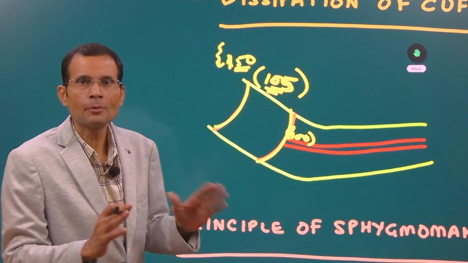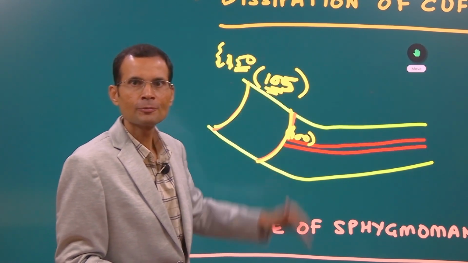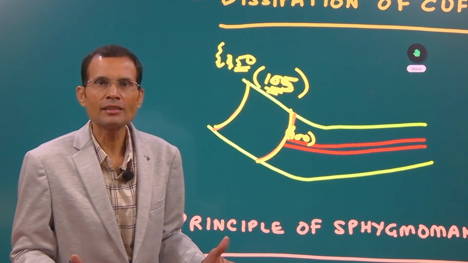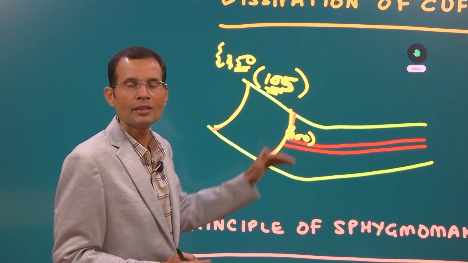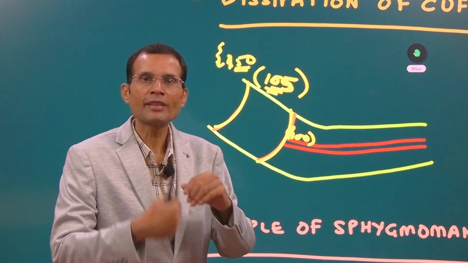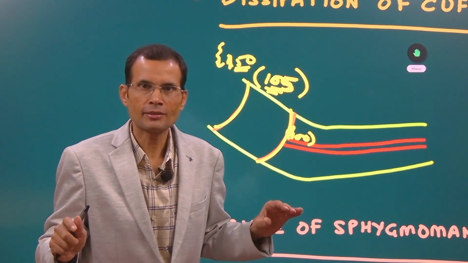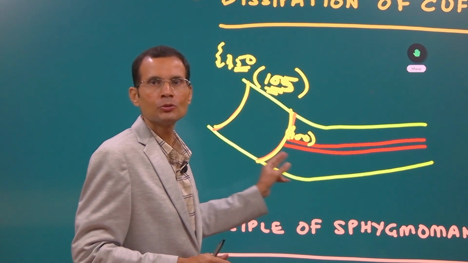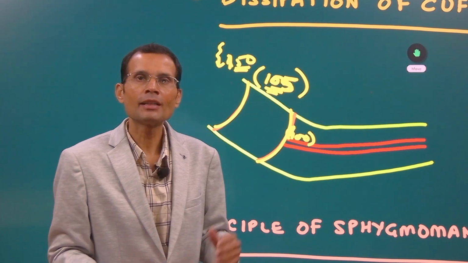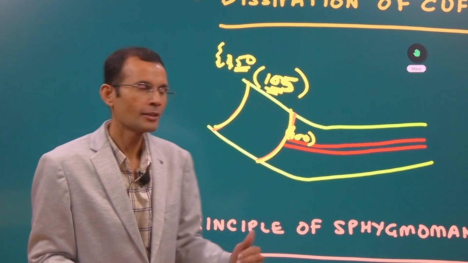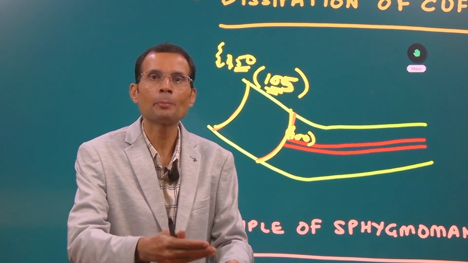So balancing of pressure means we raise the pressure in the BP cuff, and the idea is that if arterial pressure is 100, then when the outside pressure is greater than 100, the artery closes. So no pulse, no blood flow. And when the external pressure is just about 100 or less, the artery will open up for the first time and there will be blood flow and the pulse.